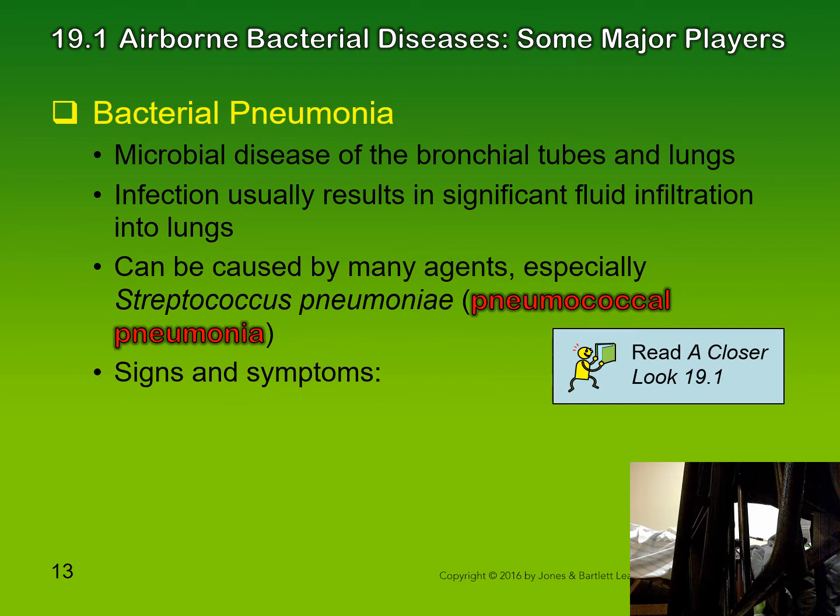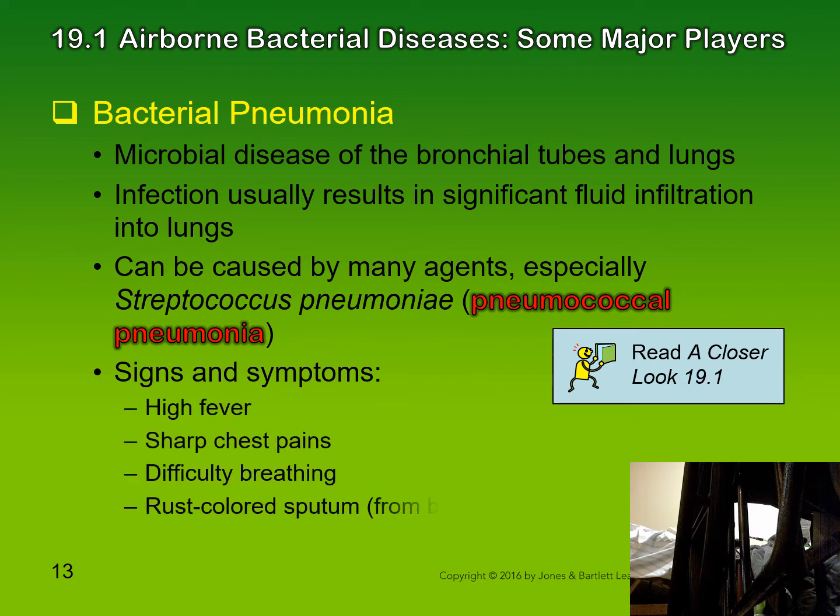Signs and symptoms of bacterial pneumonia: high fevers, sharp chest pains, difficulty breathing, and rust-colored sputum. What is happening is you're getting blood into your lungs.